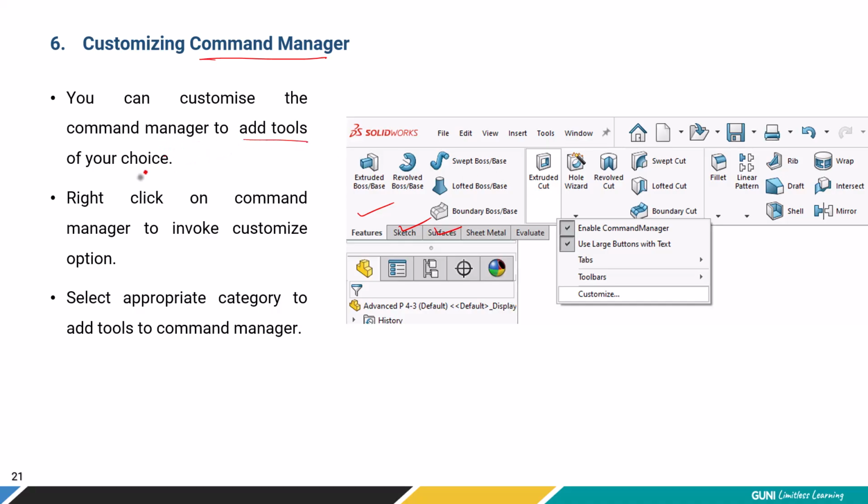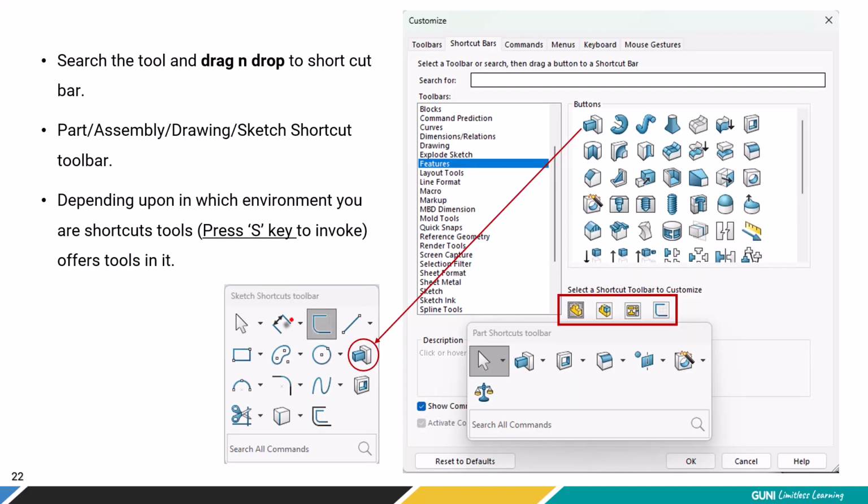You can add the tools of your choice. Right click on the Command Manager, invoke the customization option and add them. Now you can also use a shortcut. Let's say press the S key to invoke the shortcut toolbars. This is available in the sketcher environment, part environment, and the other modules. Okay, this is simply a screenshot of the same thing. We'll see the entire thing in action.